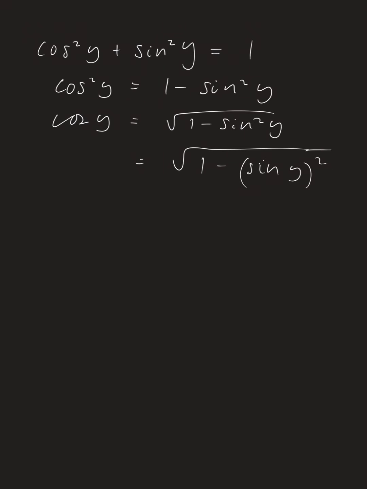If you remember, the original problem was y is equal to inverse sine x, and we said x is equal to sine of y. So I can just pop this in here, so that cosine of y now is equal to the square root of 1 minus x squared.